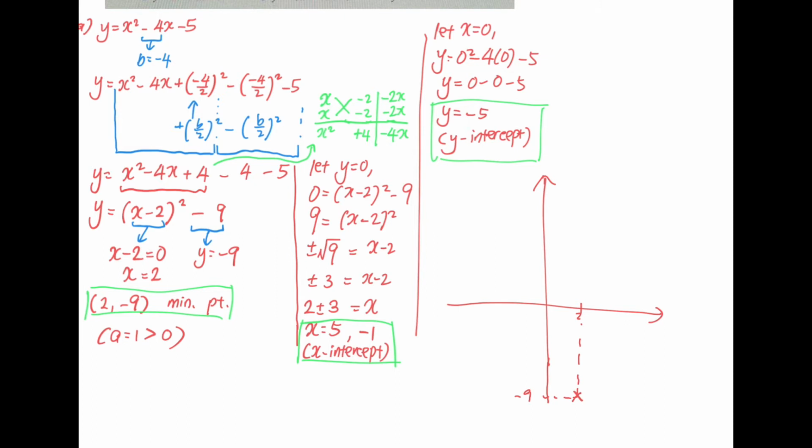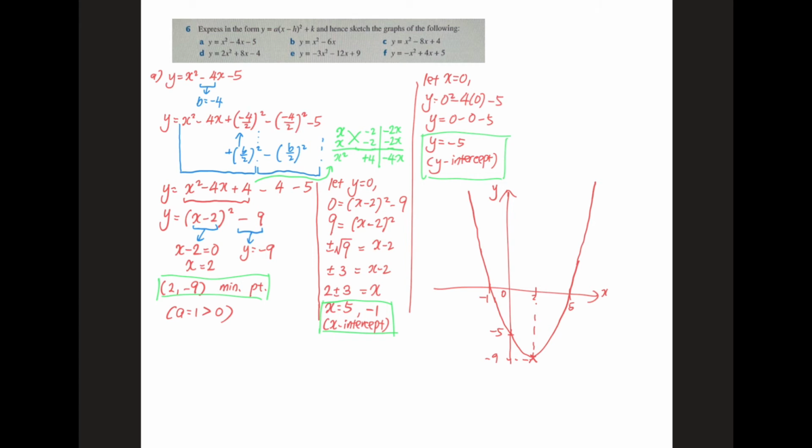It's a minimum point, so I can draw the smiling face. Then I can label the y-intercept as negative 5, the x-intercepts as minus 1 and 5. Okay, so that is the first question.